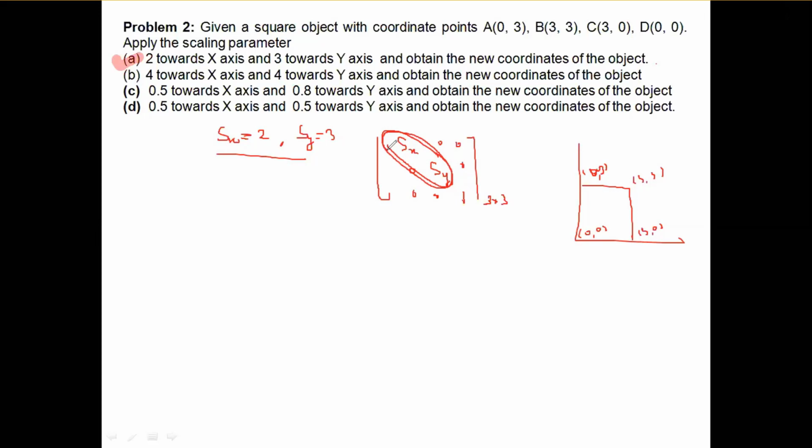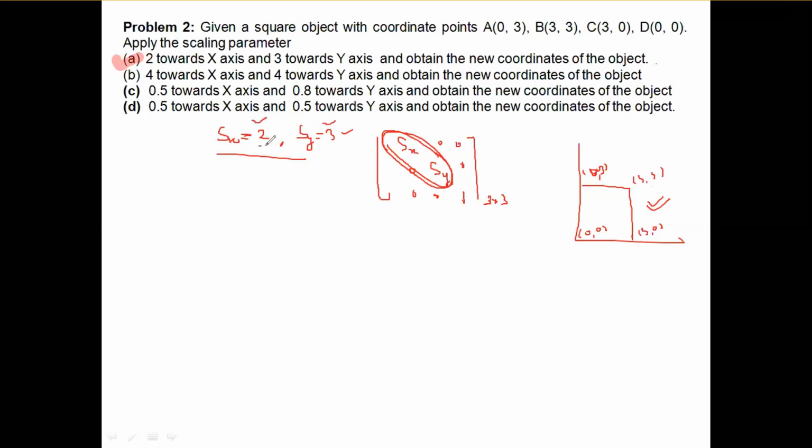We will solve the problems related to reflection ahead. First, taking up part a of this problem, sx is equal to 2 and sy is equal to 3, means we are going to scale this object in the x direction by 2 units and in the y direction by 3 units.